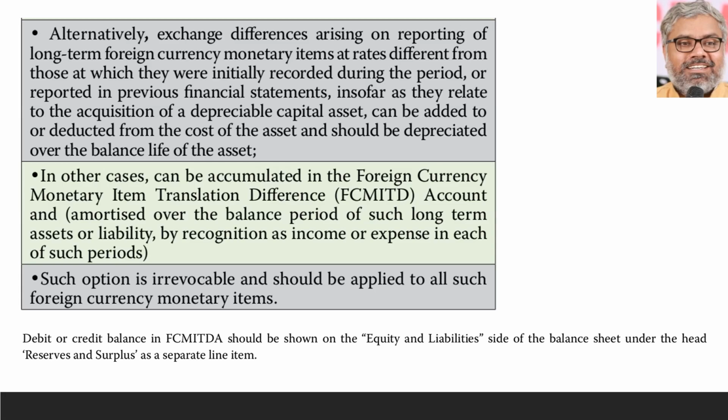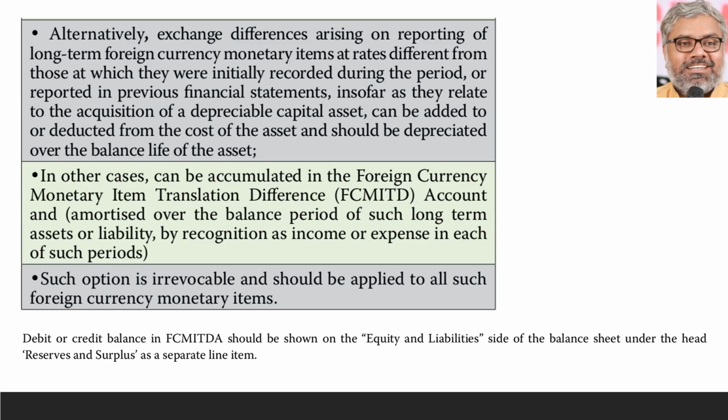That is one alternative treatment which organizations can choose, particularly when the liability is a long-term foreign currency monetary liability incurred for the purpose of acquiring depreciable assets. Then the difference in the foreign currency item can be added to or deducted from such depreciable asset itself.